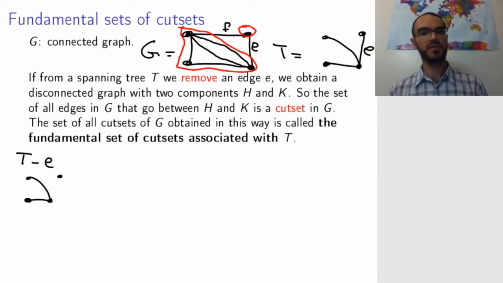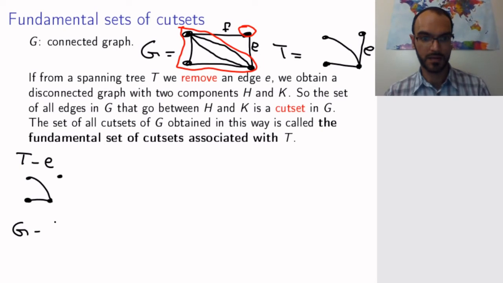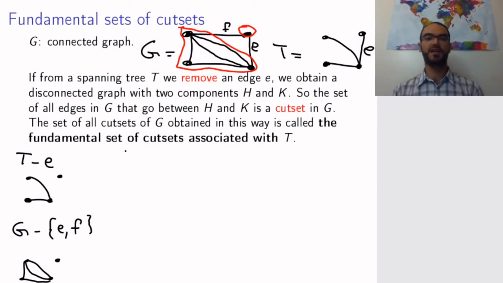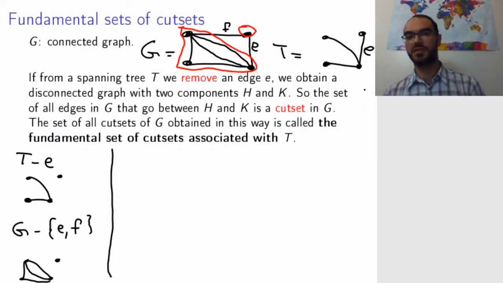I have no choice. If I want to disconnect the graph, if that's my mission in life, I have to remove this edge together with E to get a graph G disconnected in the way indicated by my disconnected forest here. So if I take G and remove EF, then the graph will look like this, and it's disconnected. So EF is one such cutset.